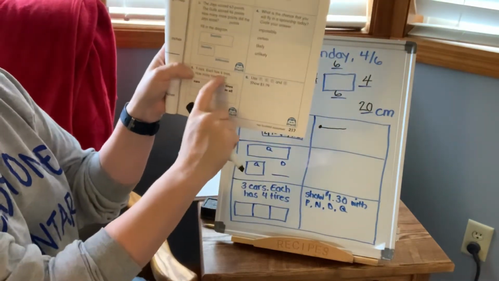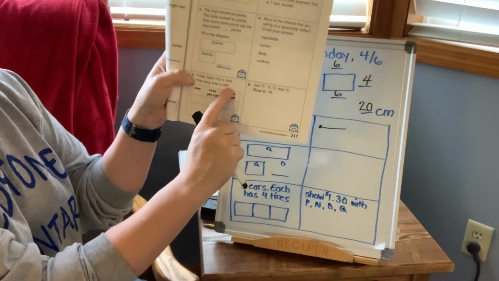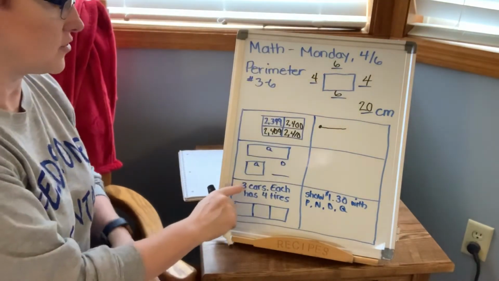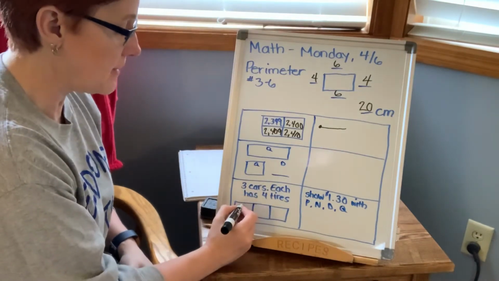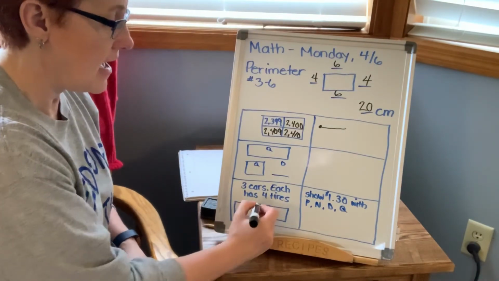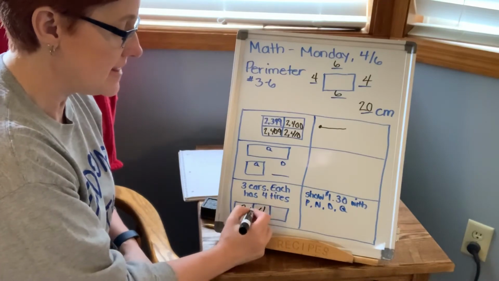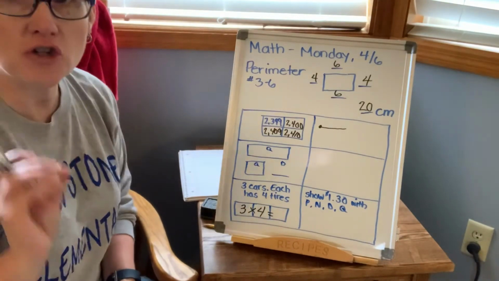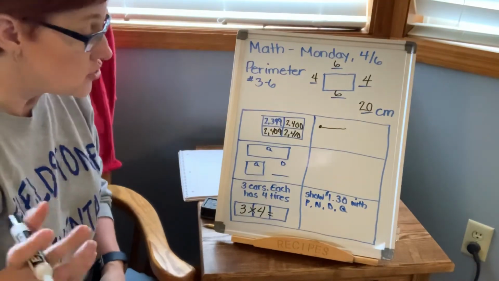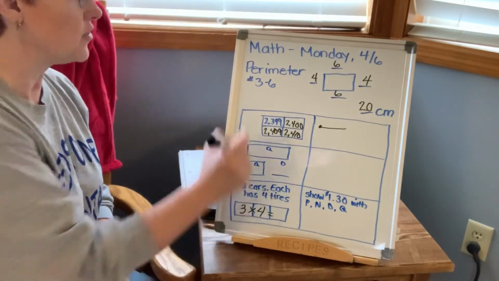All right, 9 cars, each has 4 tires. How many tires in all? I'm going to do one over here. So this one says 3 cars, each has 4 tires. So how many cars do I have? 3. How many tires? 4. This is multiplication. And then what is 3 times 4? If you don't know what 3 times 4 is, draw an array.